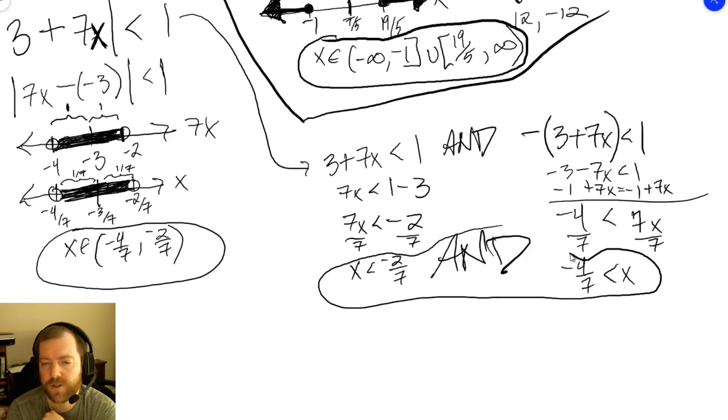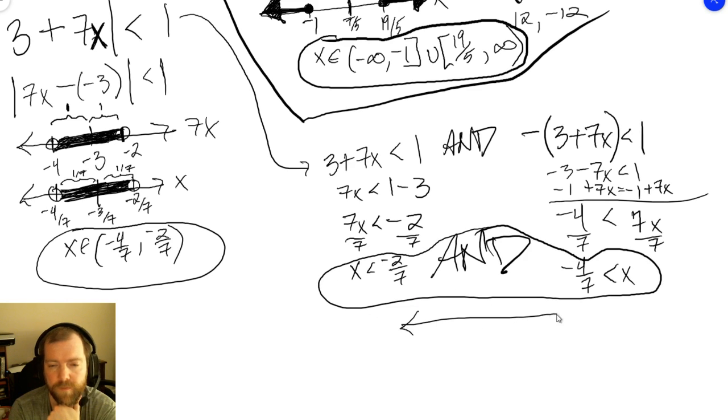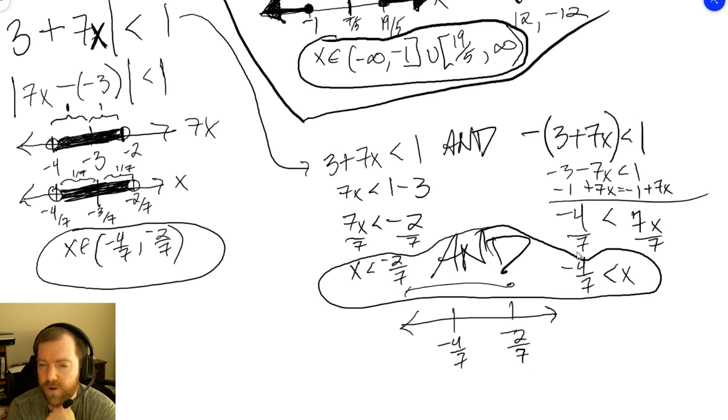When you combine these two together, negative 4/7 is down here, negative 2/7 is up here. We are starting from open circle at negative 2/7 and shading downward. We're starting at negative 4/7, open circle and shading upward. And it's an AND statement, so it's only where they overlap.